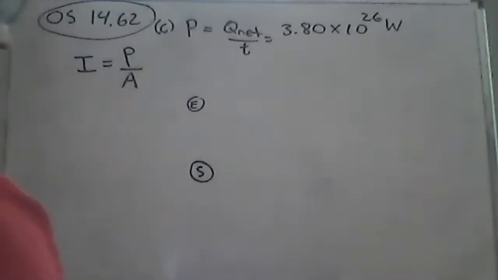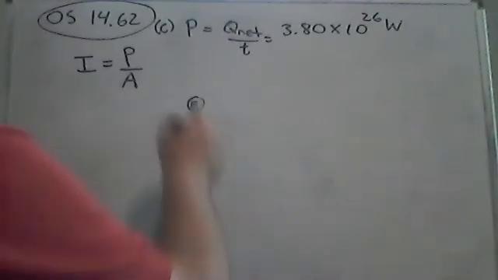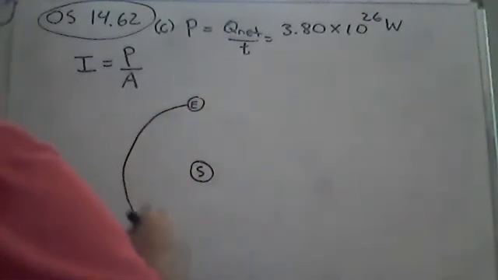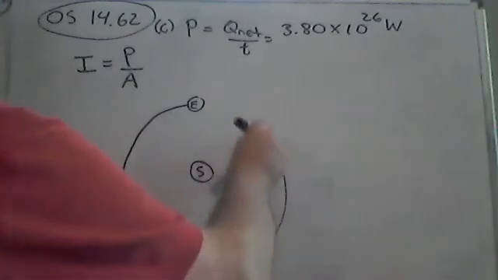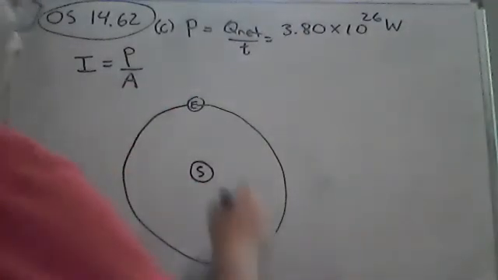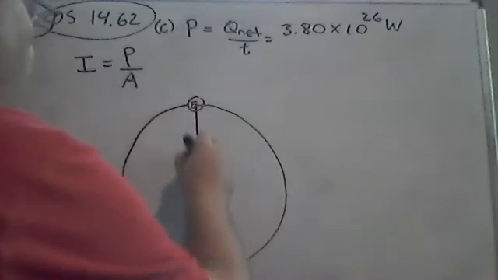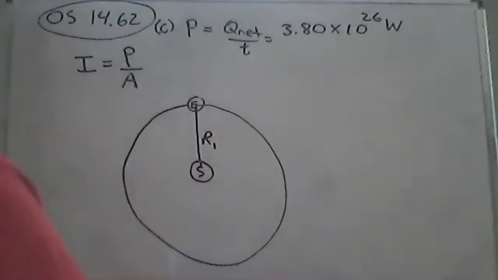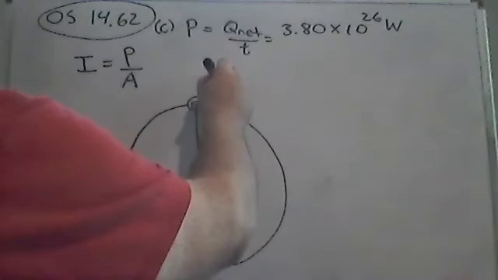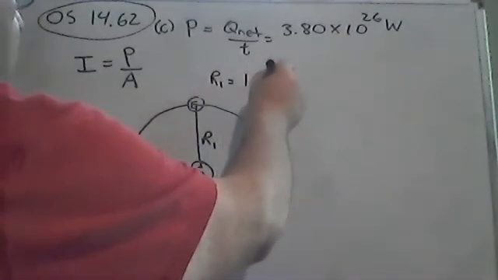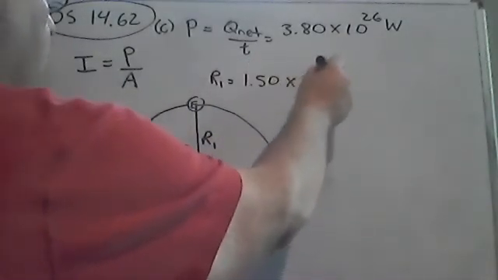So what do we do? Well, we draw a sphere that's about the size of the radius of the Earth. So we're going to draw a big sphere. Again, big sphere. This is a sphere. And this sphere is going to have a radius equal to the Earth-Sun distance. We'll call this R1. So R1 is going to be 1.50 times 10 to the 11th meters.